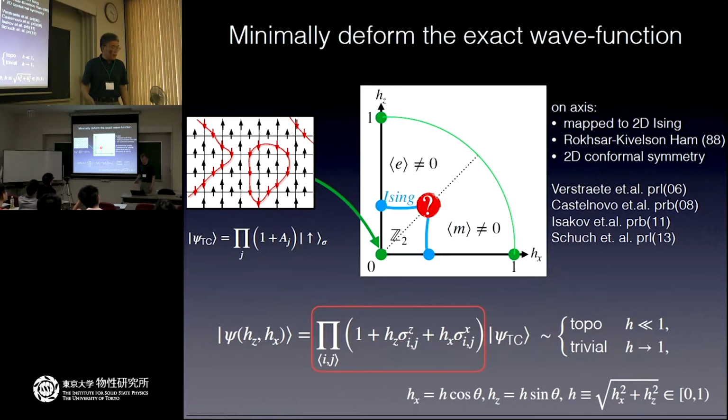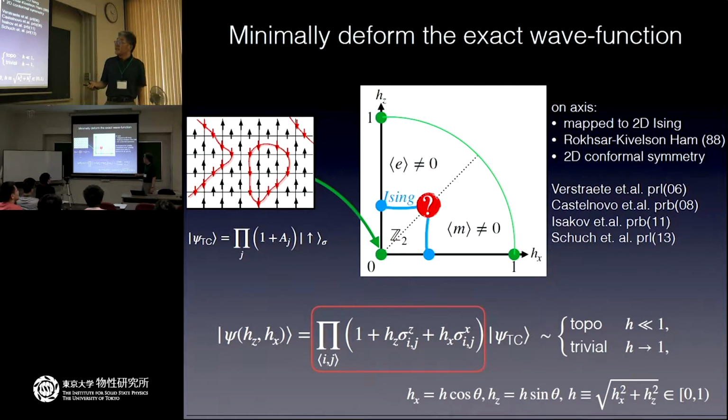So let's come back to our model. Our model mainly describes the topological order phase, namely the Kitaev toric code topological order, which is a Z2 topological order.